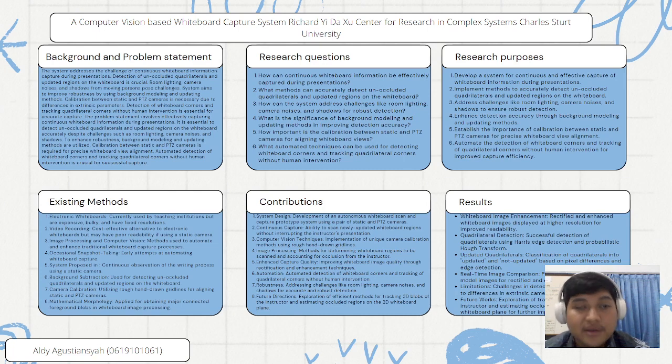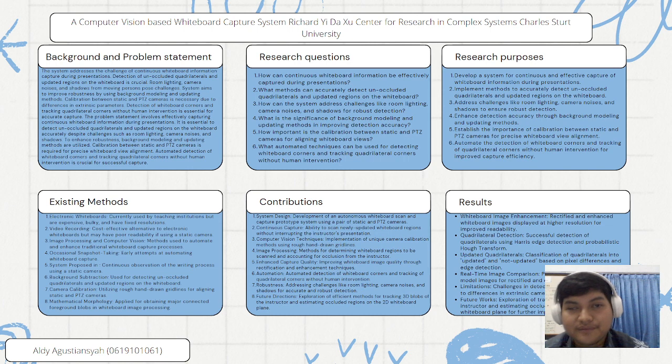To enhance robustness, background modeling and updating methods are utilized. Calibration between static and PTZ cameras is required for precise whiteboard view alignment. Automated detection of whiteboard corners and tracking quadrilateral corners without human intervention is crucial for successful capture.